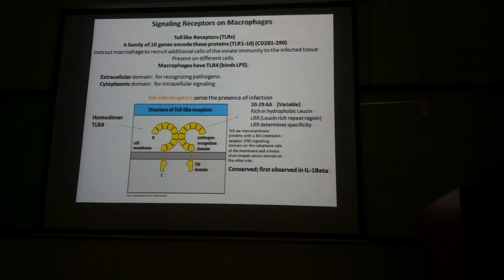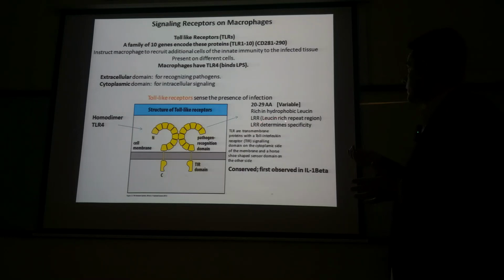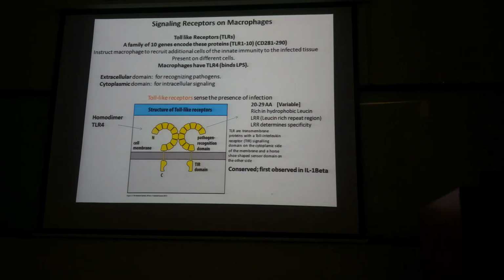that leucine amino acid which is there in the leucine repeat region, and if you look at the variation in these receptors, the number of these repeats actually determines the variability in receptors. And their internal domain, the TIR domain here, this is the Toll interleukin receptor, or TIR.